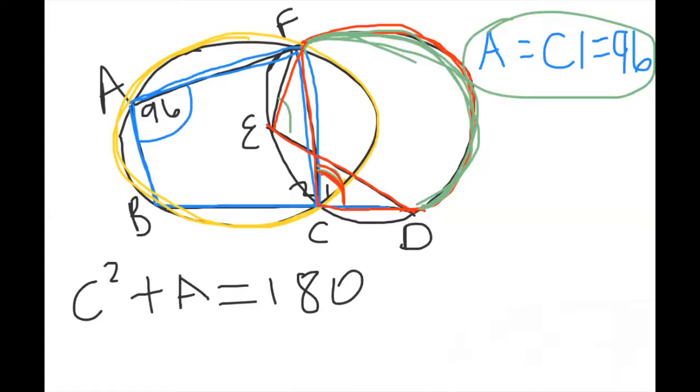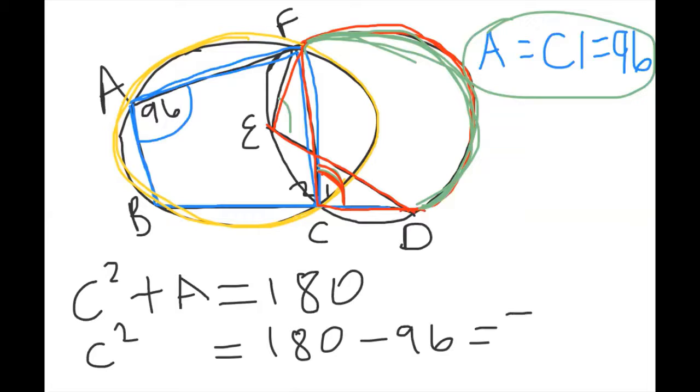So C2 would have been 180 minus A, and A is 96, so C2 would have been, what's that answer, 74? No, 84. Yeah, C2 would have been 84.